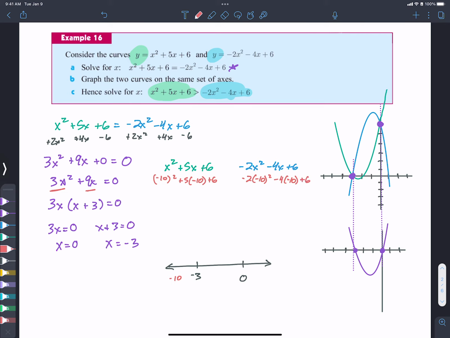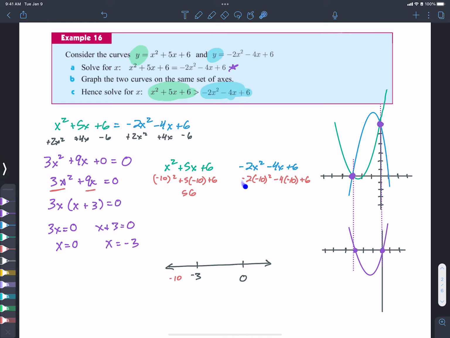plus 6. All right, so here I've got 100 minus 50 plus 6. So 100 minus 50 is 50 plus 6. There's 56. And then over here, I've got 100, negative 200, and positive 40. Well, that negative 200 is going to outweigh this. So I'm going to have negative 200 plus 40.